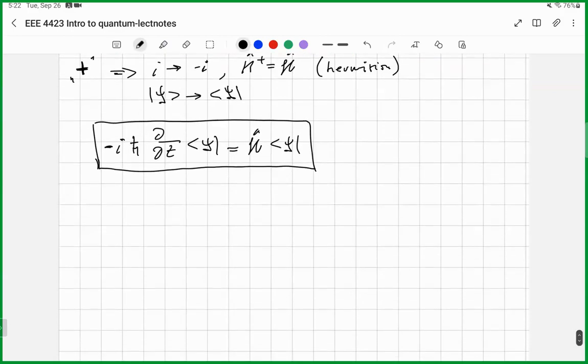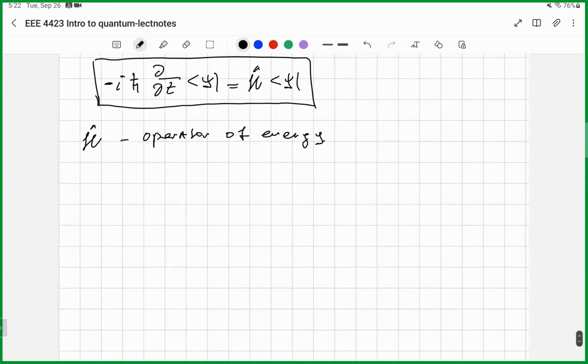When we talk about the Hamiltonian, it is the operator of energy.